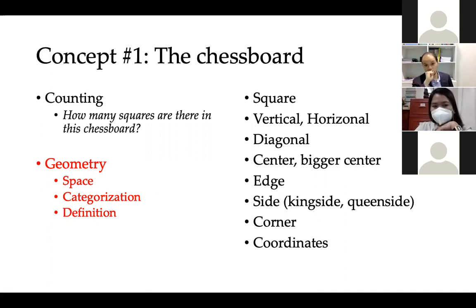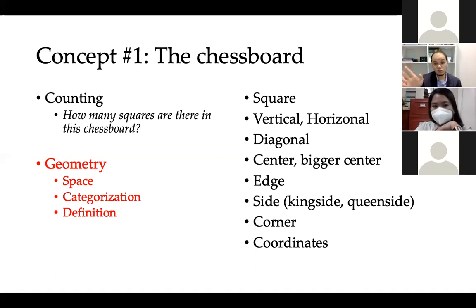So that's your bigger center. So now they understand that the center is here, there's a bigger center around it, and then you have the concept of the edge. So the edge would be defined as your first rank and eighth rank, the A file and the H file.